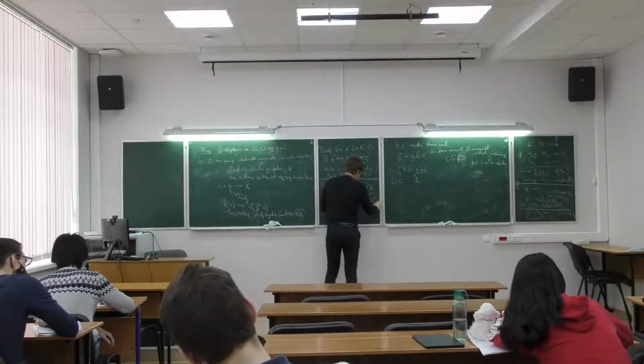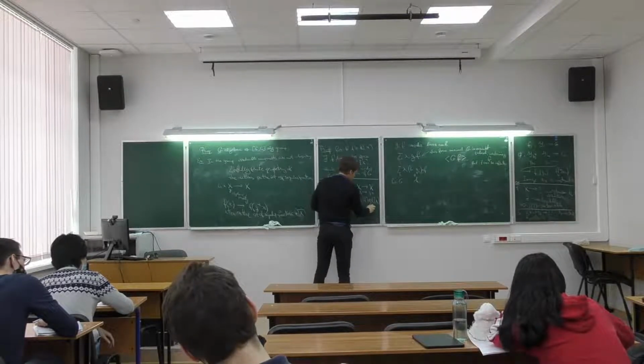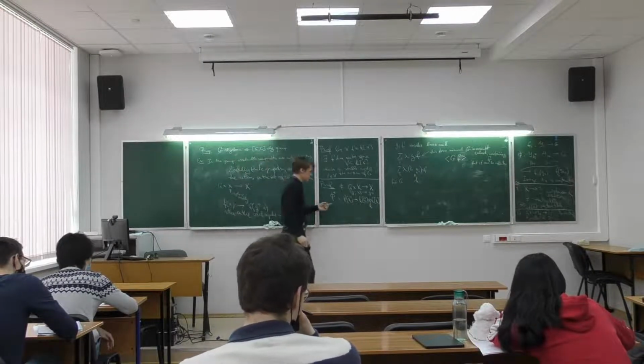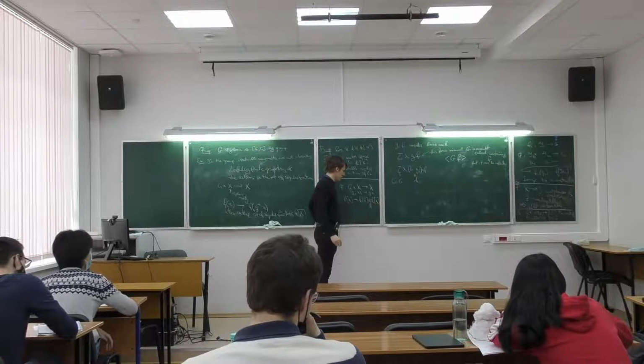The functions on the product of affine varieties is just the tensor product of the functions. And what are G and X?